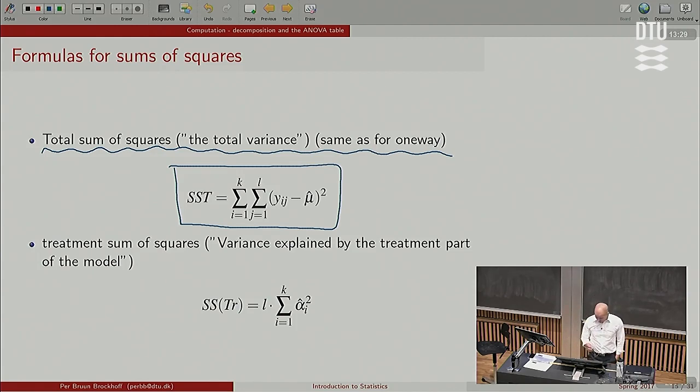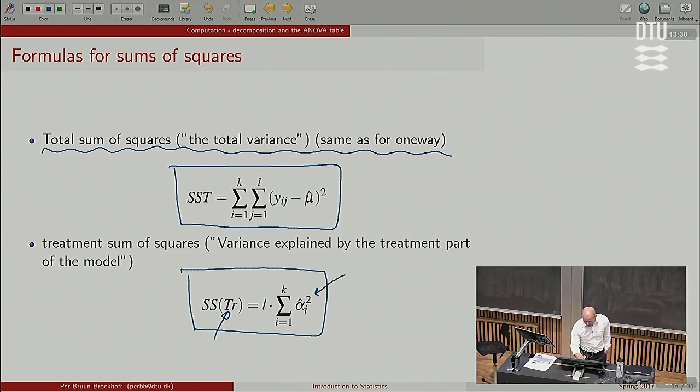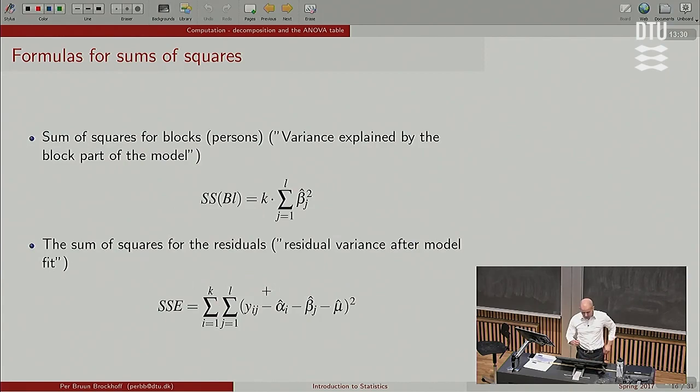That splits up into, and now I gave you slightly different versions, but it's in a way exactly the same formula as last time. I'm just making explicit that my treatment sum of squares takes those individual treatment mean deviations and squares them and adds them up and multiplies by how many blocks I actually had for each treatment. And the other way around, exactly the same formula, but in the other way of the table.